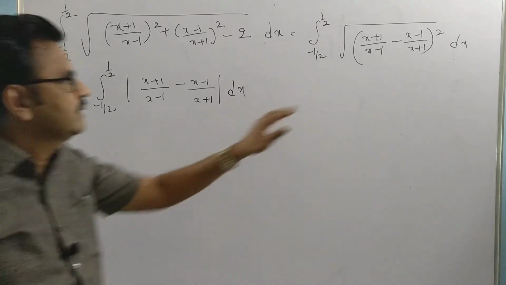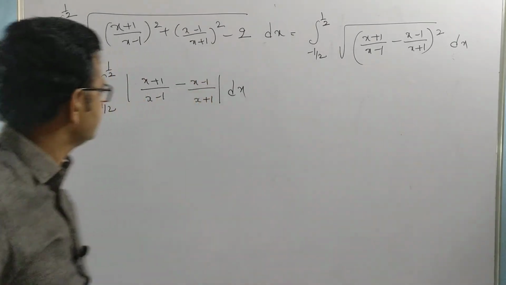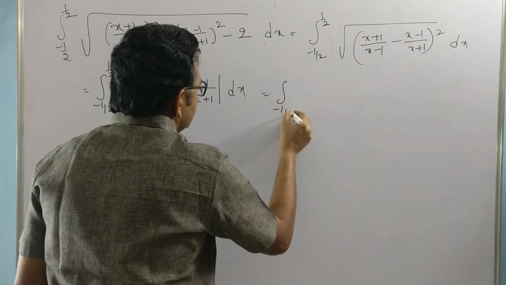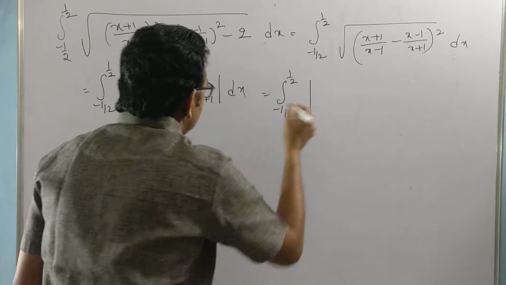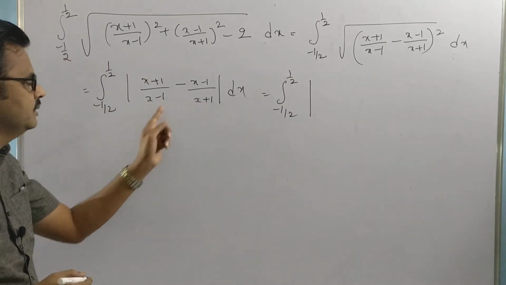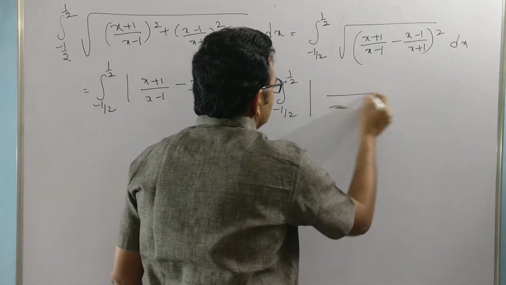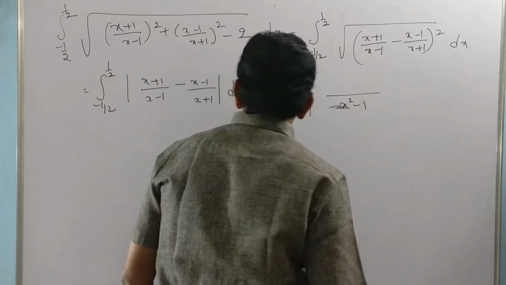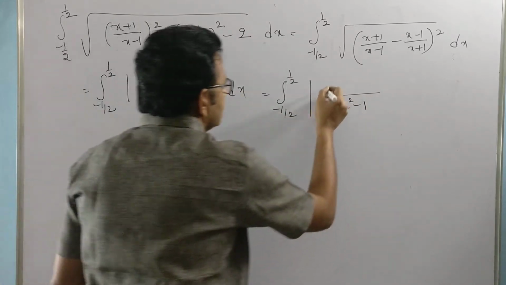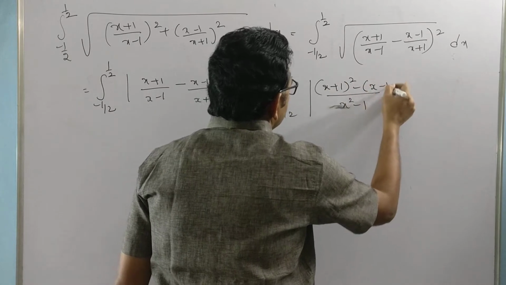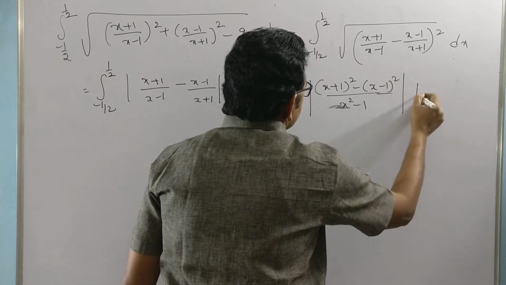If you take LCM, the denominator is x square minus 1, and the numerator is (x plus 1) whole square minus (x minus 1) whole square.